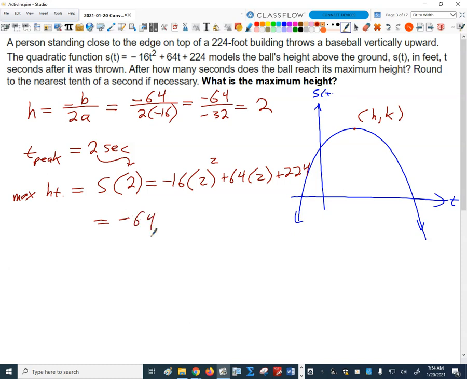Negative 64 plus 128 plus 224, which is just going to be 288. So that's the maximum height, 288 feet. Okay.